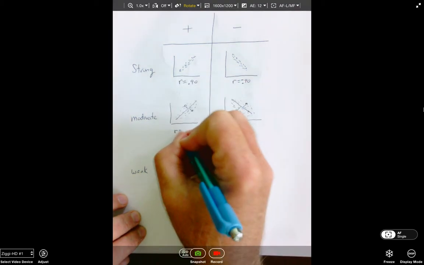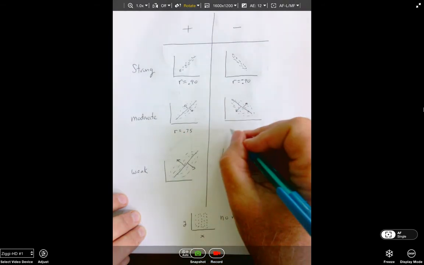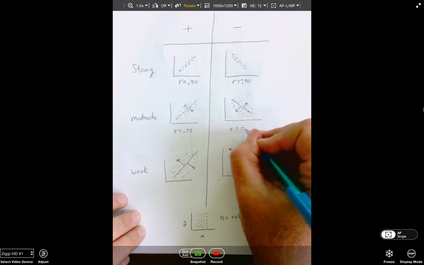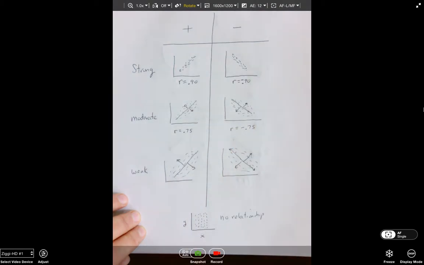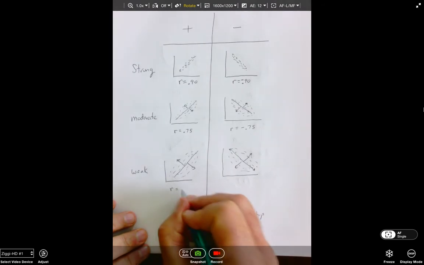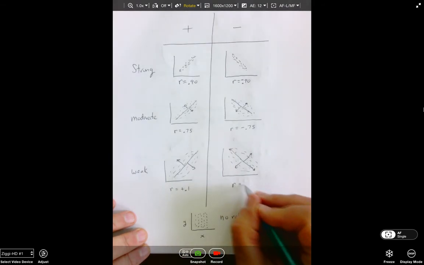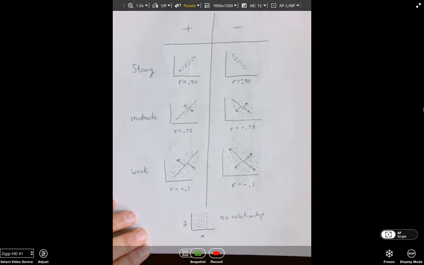This would be about a +0.75. This would be a -0.75. This would be about a +0.1. This would be a -0.1.